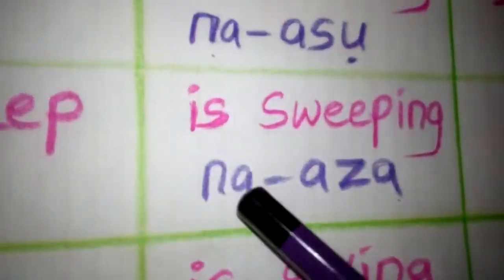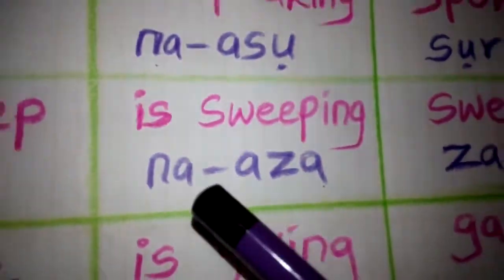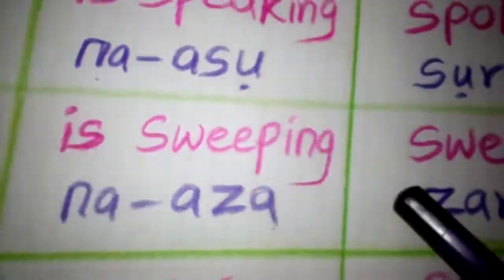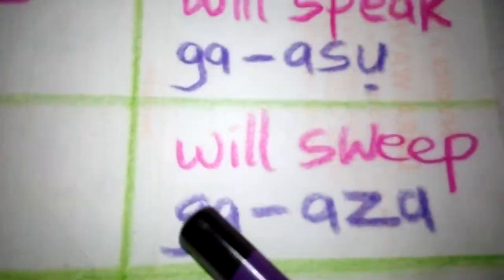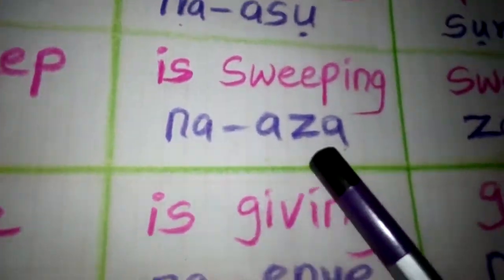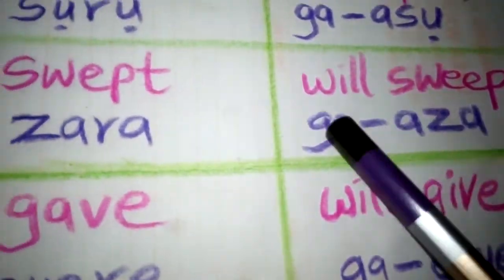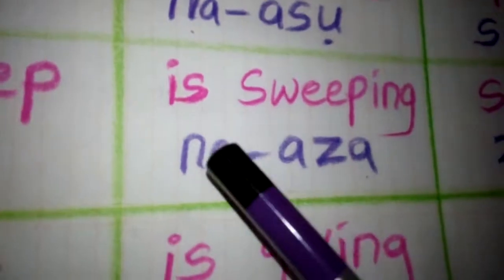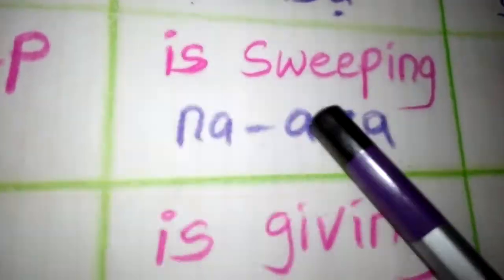Is presently doing that. But will sweep is ga-aza. That's the difference between na-aza and ga-aza. Ga is will. But this is sweeping immediately, is on it.